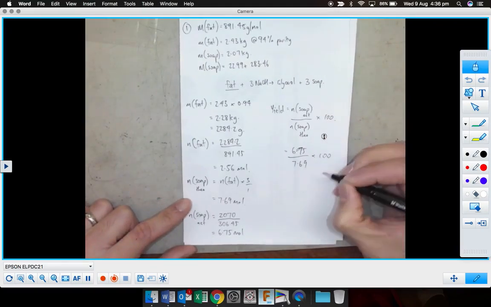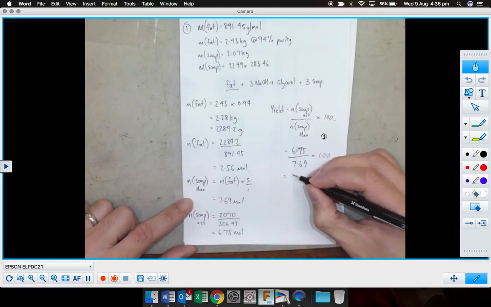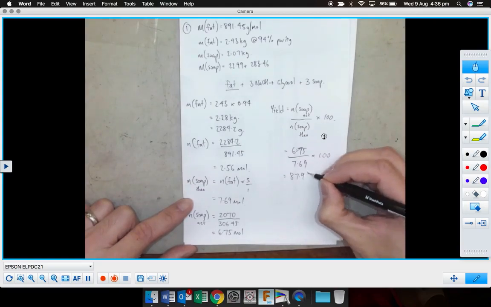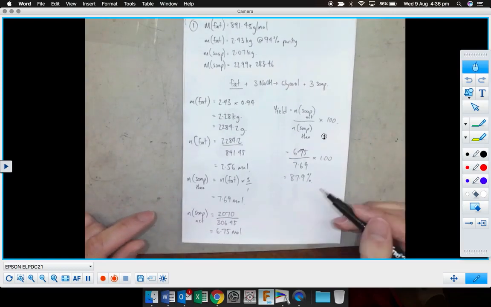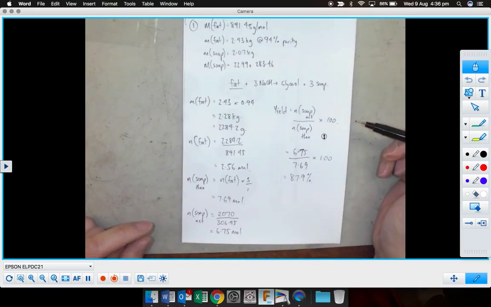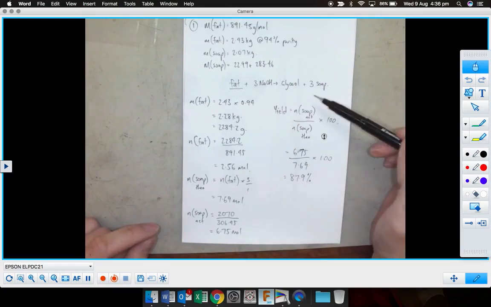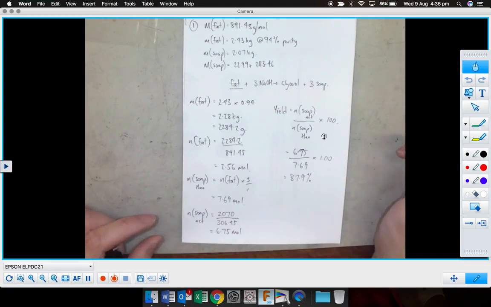Times that by 100, and that will be 87.9%. All right, so that would be the yield of this particular process. That's how much soap is actually made compared to how much we were theoretically able to make. All right, so that's the first question there.